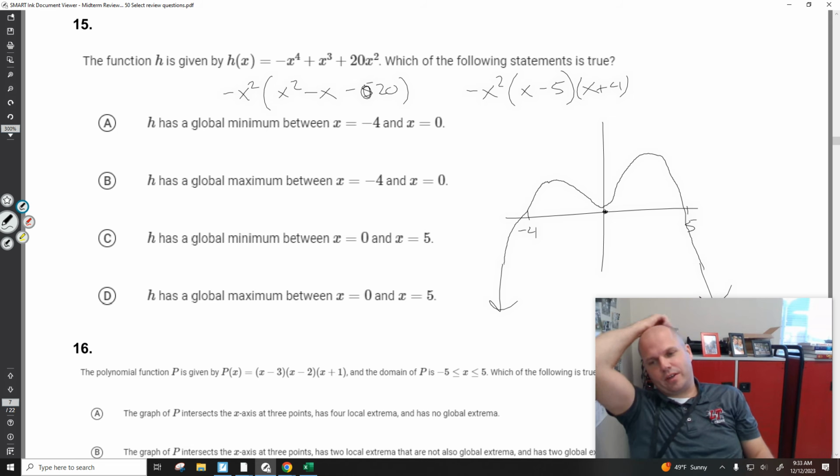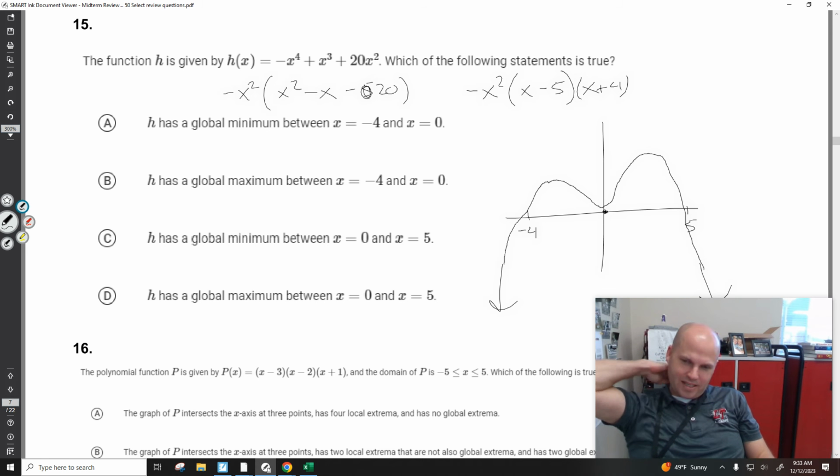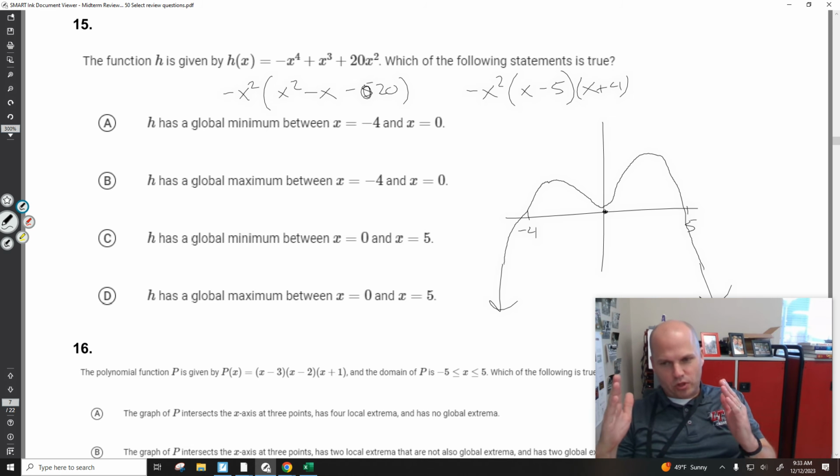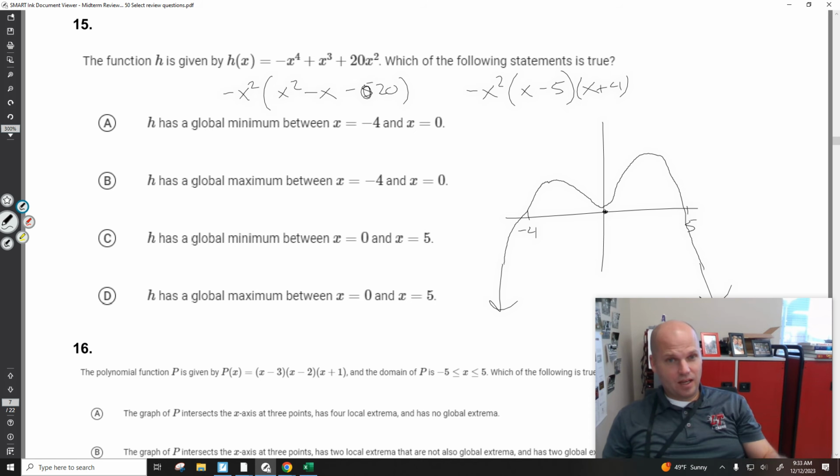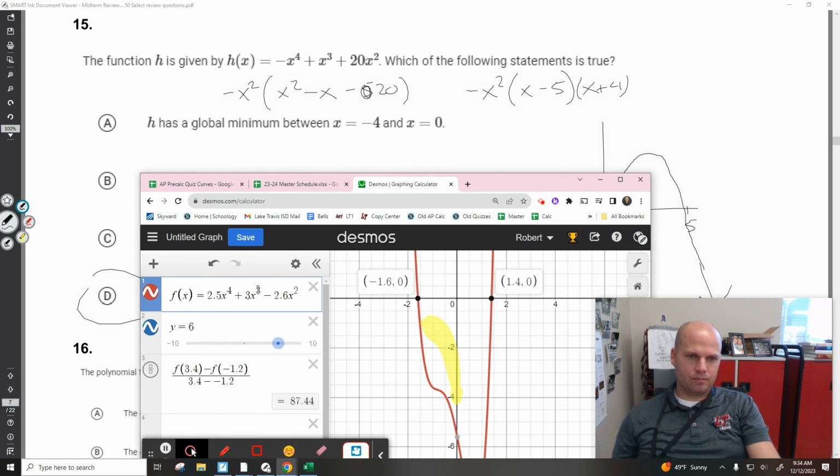Now, this is a tricky question, and I don't like this question. I probably should not have asked this question. But the idea is that since there's more space between 0 and 5, and this is a polynomial, you have more time to go up and then down. I believe the answer is going to be a global max between 0 and 5. I'm just going to double check this so I'm not wrong.